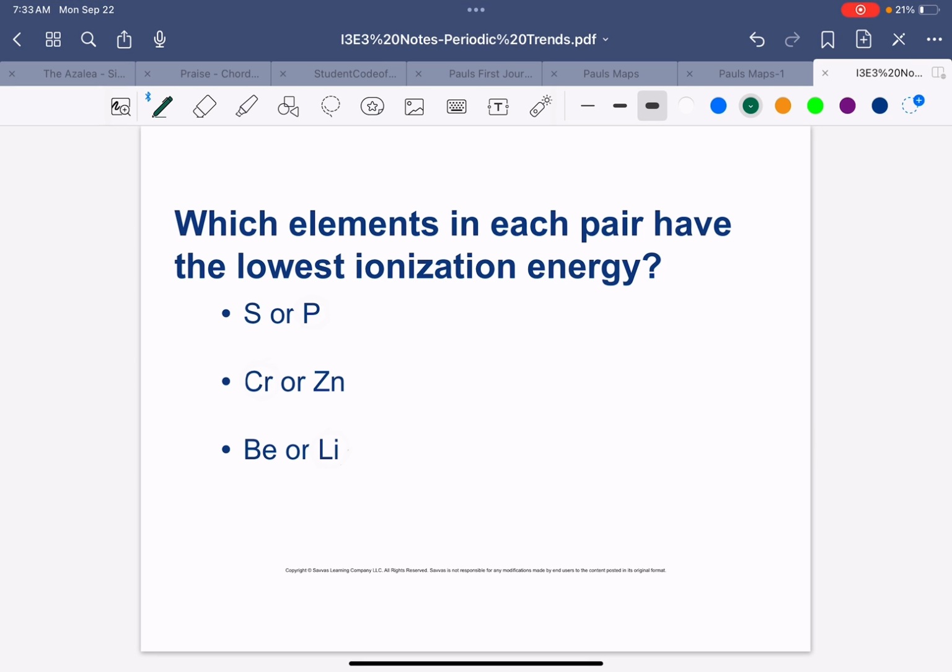Sulfur or phosphorus? Well, sulfur is up and to the right more than phosphorus, so phosphorus will have the lowest ionization energy. Chromium versus zinc. Zinc is further to the right, so zinc is going to have the higher, which means chromium will have the lower. Beryllium or lithium. Lithium is further to the left, so it is going to have the lowest.